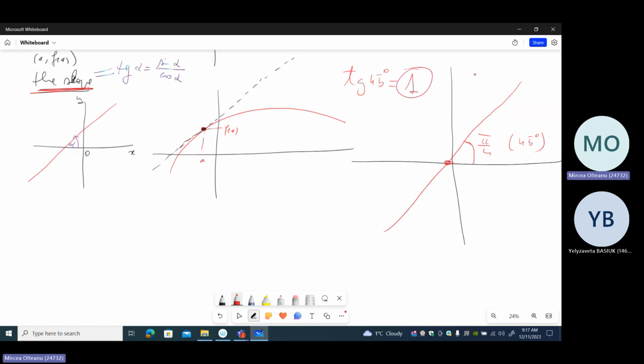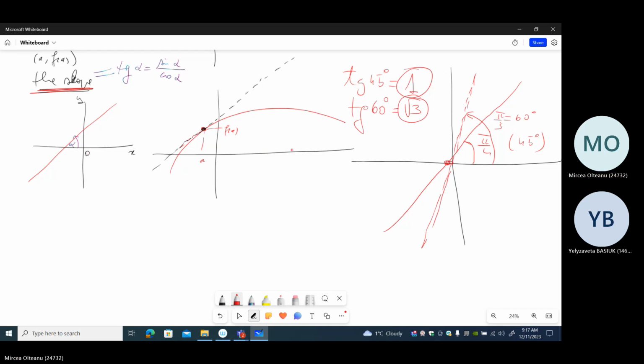For example, if the angle is, let's say, this one, pi over 3, so the larger angle, or 60 degrees if you want in degrees, the tangent of 60 degrees equals, do you know the value? The square root of 3, very well. So in that case, this straight line has the slope square root of 3.